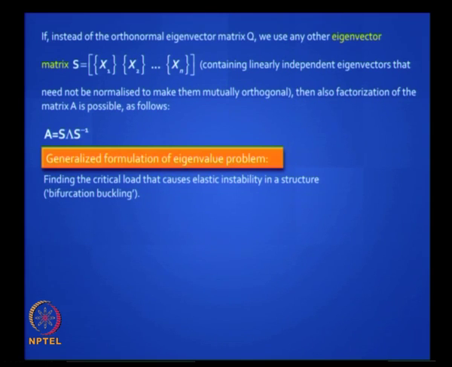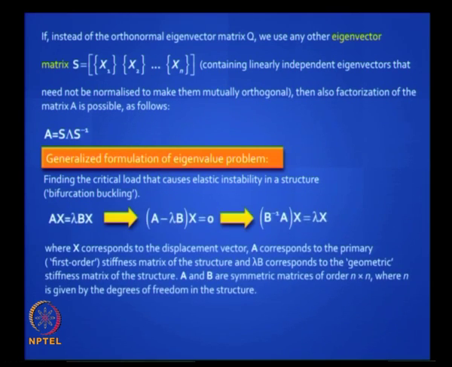Commonly when we apply to real problems of finding buckling loads and so on, we have a slight shift in the formulation. Instead of saying Ax is equal to lambda x, we sometimes encounter the form Ax is equal to lambda bx. We will see later how this happens, in which case you get (A minus lambda b) into x equal to 0, and you need to solve this equation.